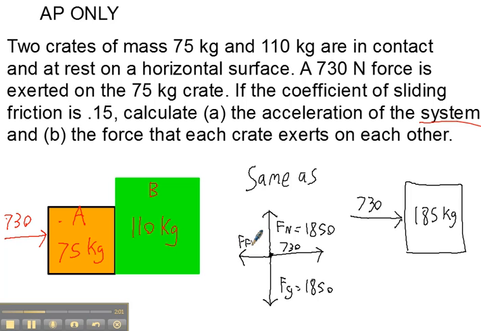All right? And we know that, I'll kind of run out of room a little bit, I'll draw it down here. We know that the force of friction is equal to mu times the normal force. So it's just going to be 0.15 times 1850 is the force of friction that opposes it. Let me crunch that really fast.